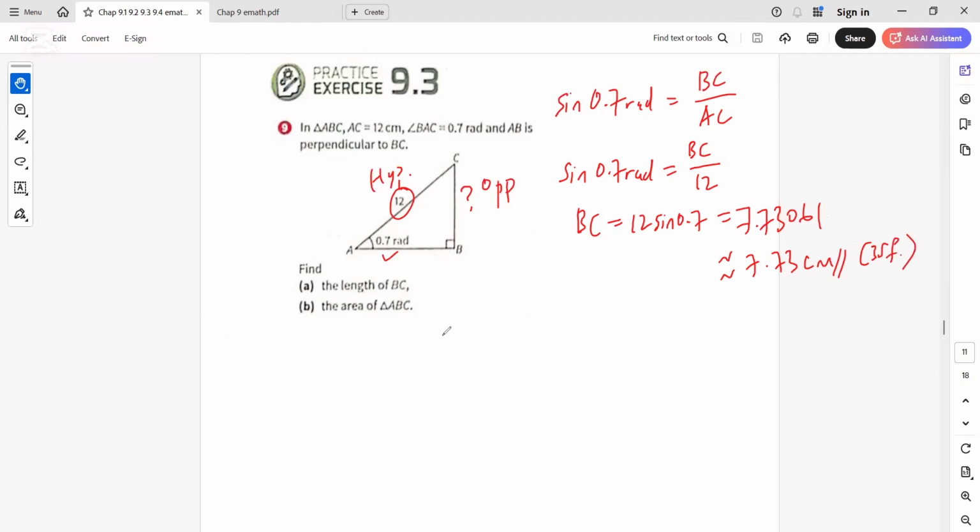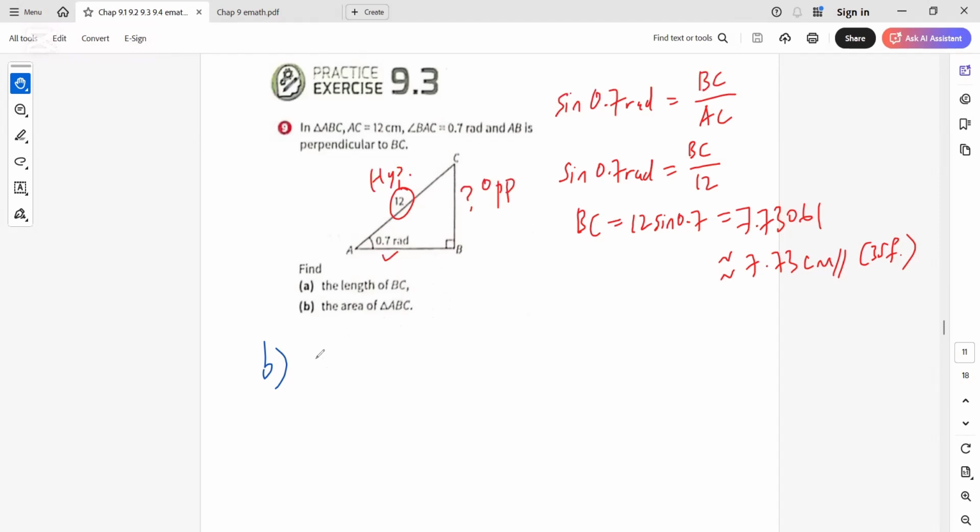Let's move on to part B. Part B, find the area of triangle ABC. There are a few things you can do. You can do half times base times height, or you can use half AB sine C. In this case, I will just find out what AB is.